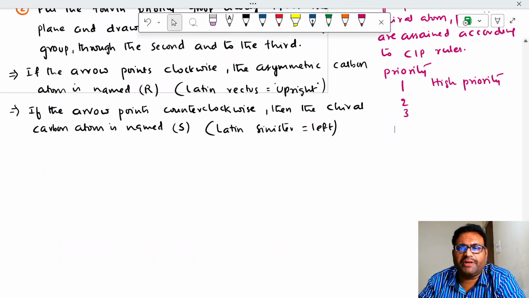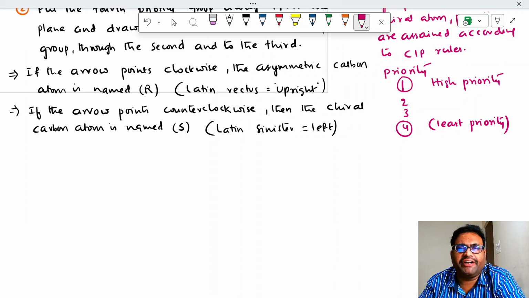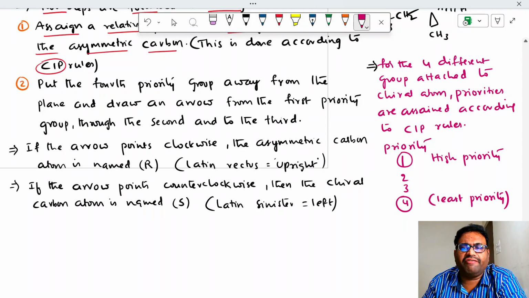Priority 4 means least priority, and priority 1 means the highest priority. Understood? In this way, the 4 different groups are given priorities based on CIP rules.